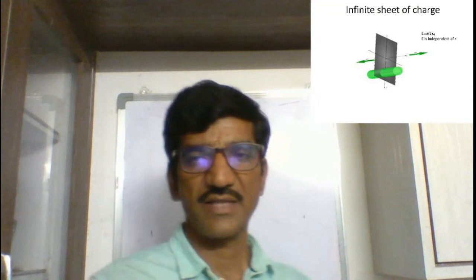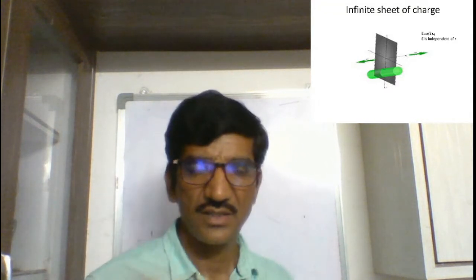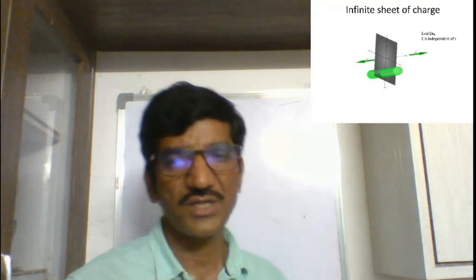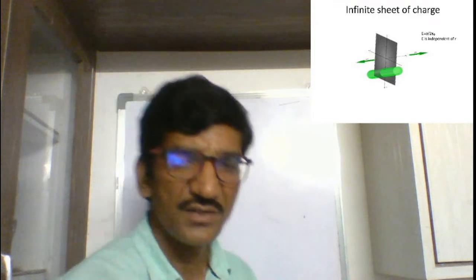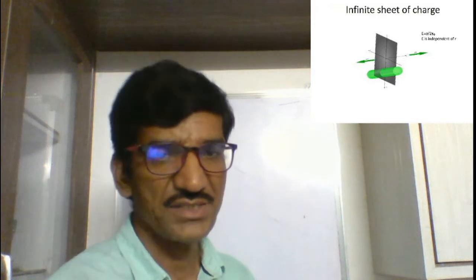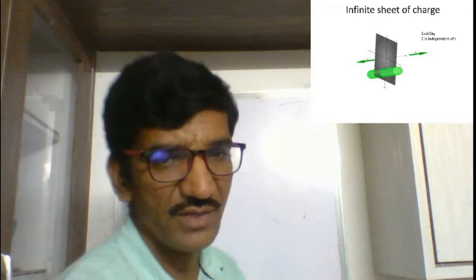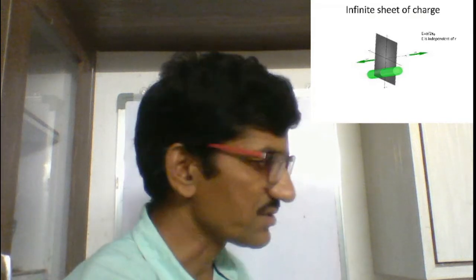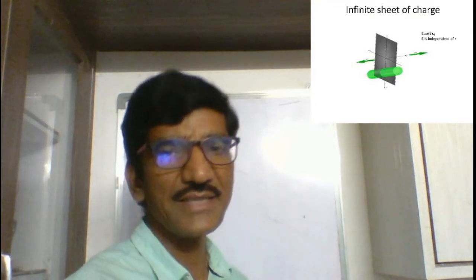In the diagram, we have to show the curly edges of this plate. Here the edges are shown. That shows you that this sheet is of infinite extent. That change you have to notice here. But we are making use of this diagram here.